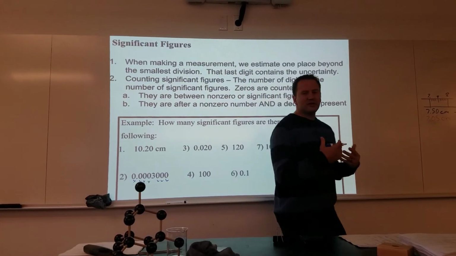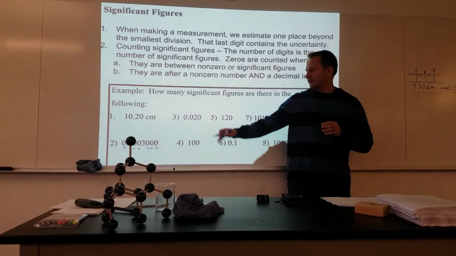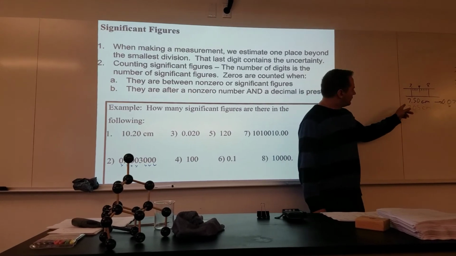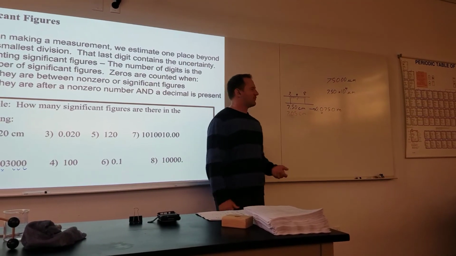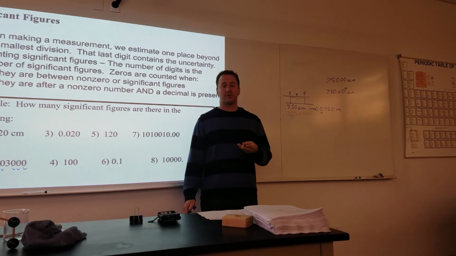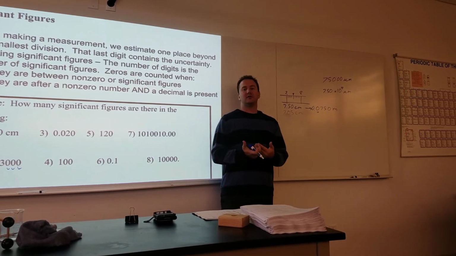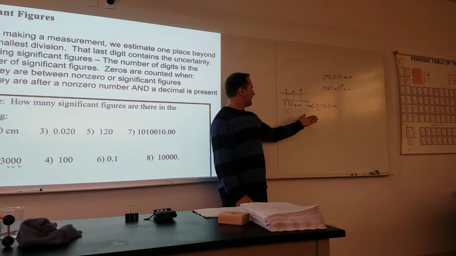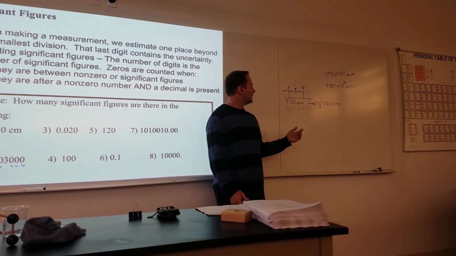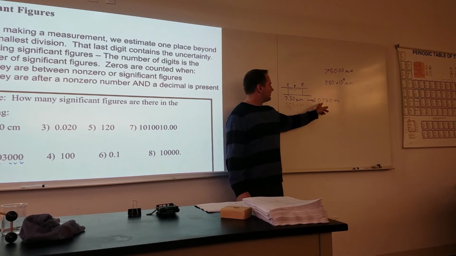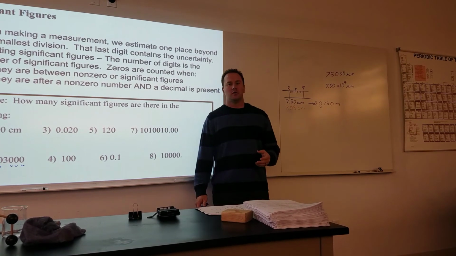Now, why do we do that? Why do we say those first 4 don't count? Well, if you look at this measurement right here, we were using a centimeter ruler, let's say. So it's 7.50 centimeters, 3 digits worth of information. If I were to convert that to the unit of meters, essentially since there's 100 centimeters in a meter, I have to slide the decimal 2 places to the left. So that becomes 0.0750 meters.